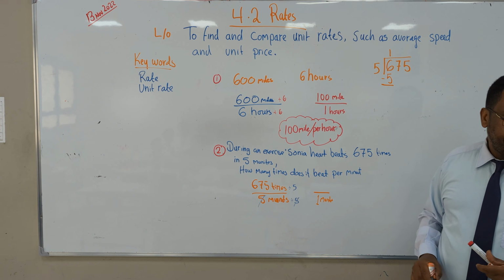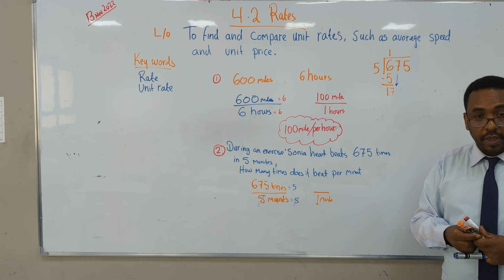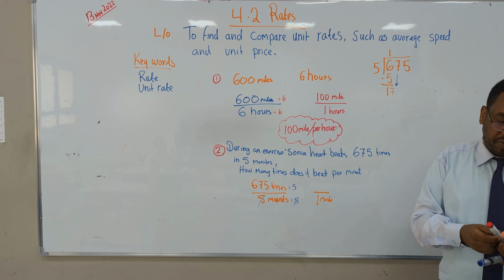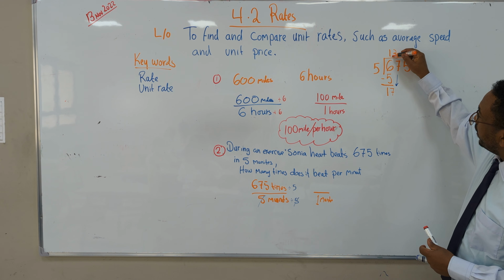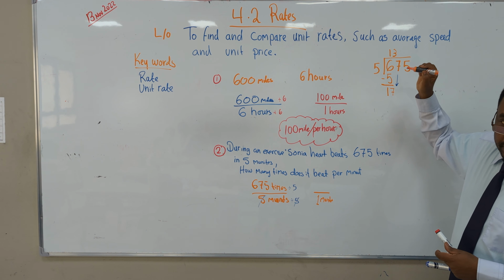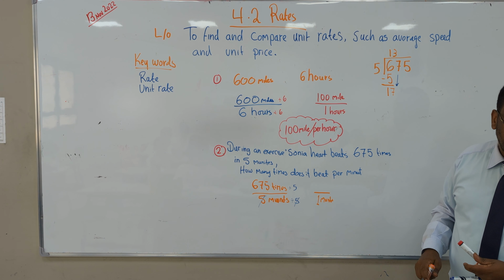Are you with me, boys? Yeah. So how many times does 5 go into 17? 2? 3. 3 will be closer because of 15, right? So we will say 3. So let's put 3 here. Are you following this, Muhammad? Yeah. So what is 3 times 5? 3 times 5 is 15.